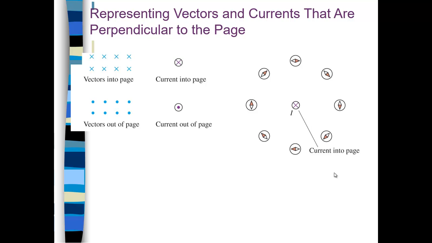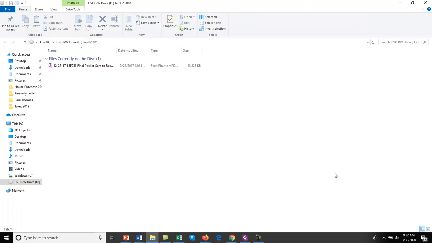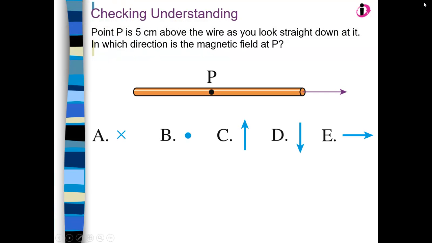Okay, so let's take a look at this. So point P is 5 centimeters above the wire as you look straight down at it. Okay, and we want to find the direction of the magnetic field at point P. Okay, so what we do is we take our right hand, take our thumb, and we move it over to the right.